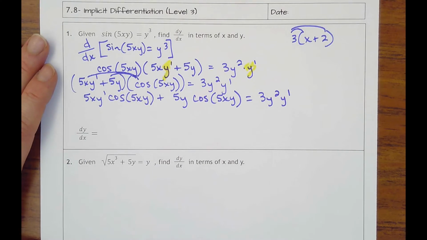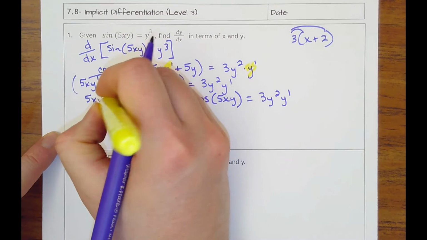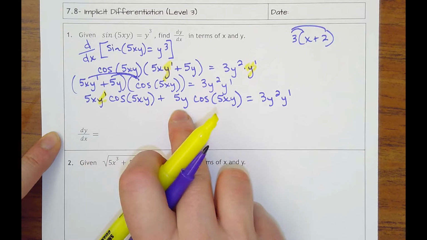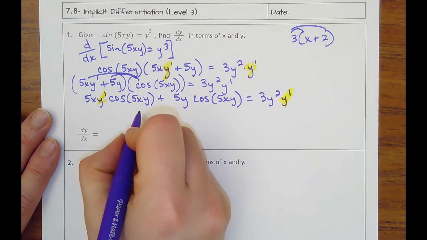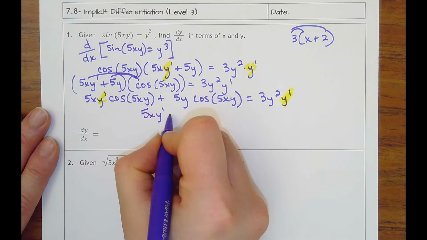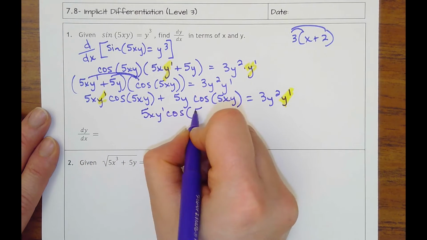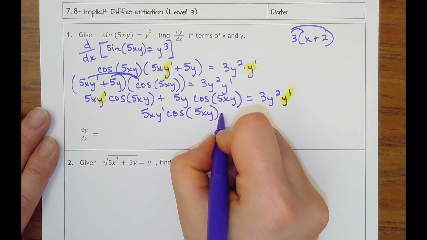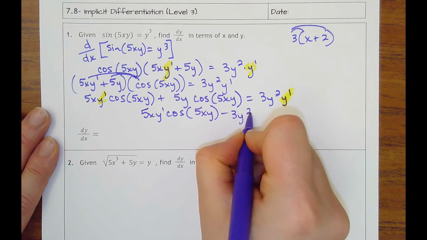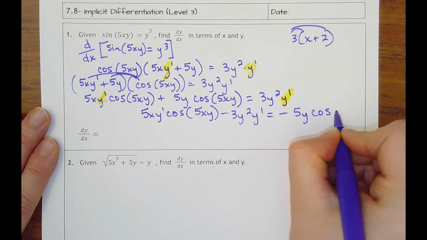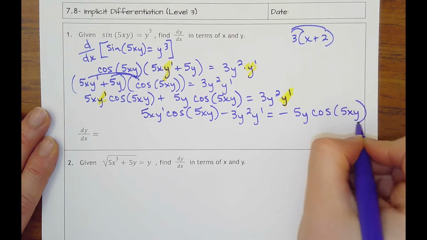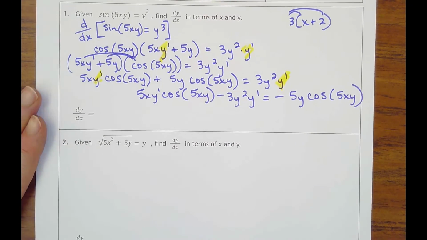Okay, so now I see y prime in this first term, and this whole thing's a term. This is a term that doesn't have it. This is a term that does. And so I'm going to move some stuff around. So I'll have negative 3y squared y prime equaling a negative 5y cosine of 5xy. Okay, then I'm going to factor out that y prime.